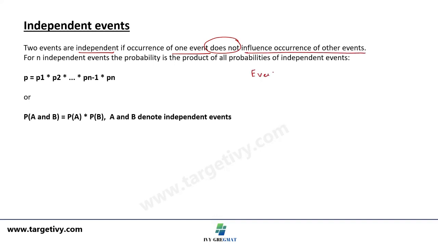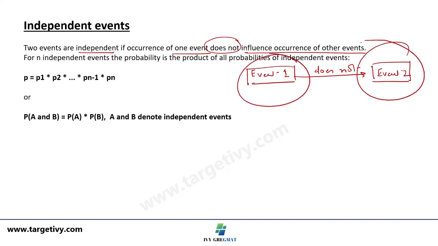Event 1, if it happens, does not influence event 2. The two events are independent of each other. So there is no dependency.